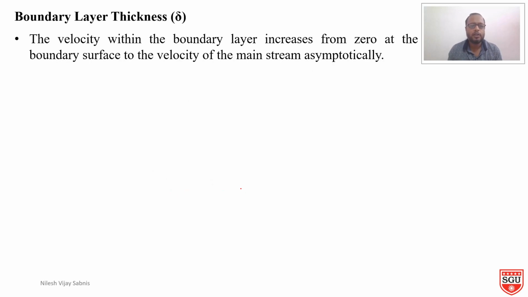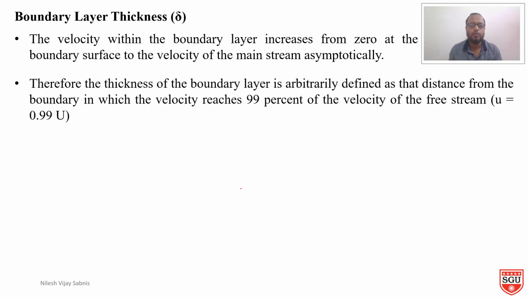Let's move to the next point, which is very important, called boundary layer thickness. The velocity within the boundary layer increases from zero at the boundary surface to the velocity of the mean stream asymptotically. Therefore, the thickness of the boundary layer is arbitrarily defined as the distance from the boundary at which the velocity reaches 99% of the velocity of the free stream.